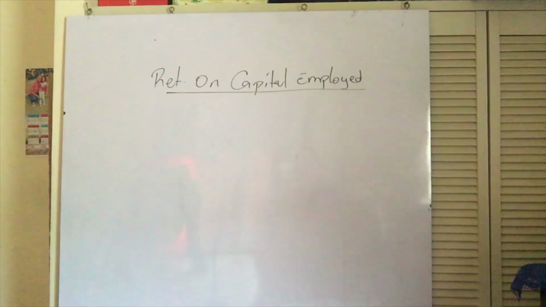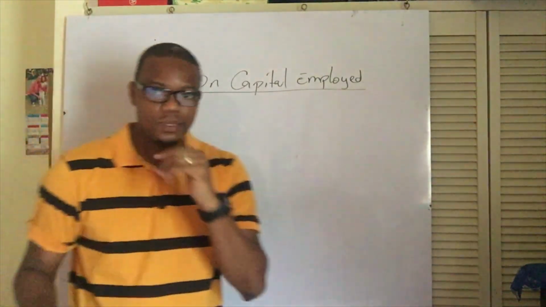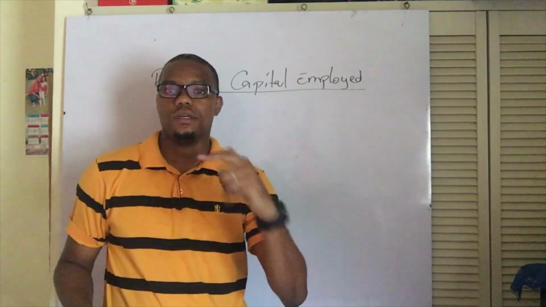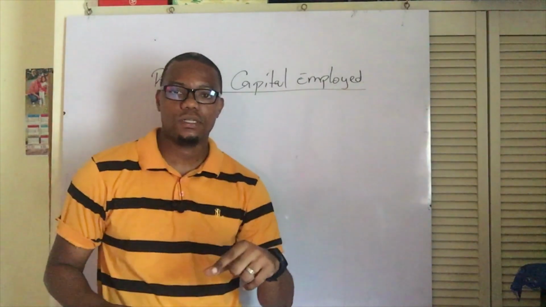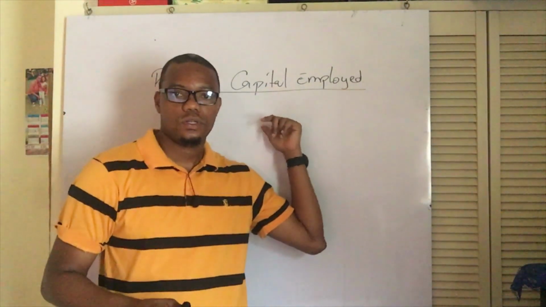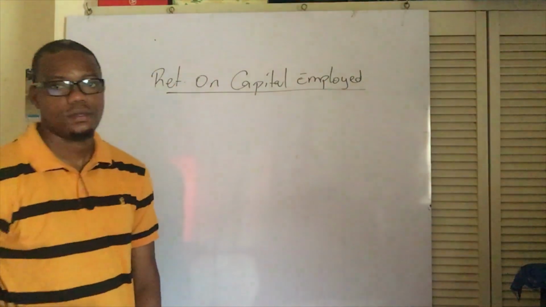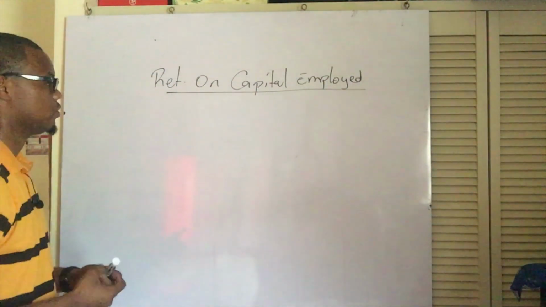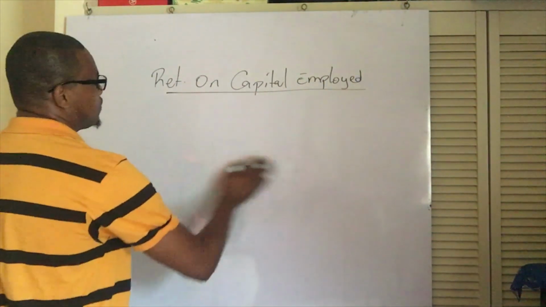The formula for the return on capital employed ratio. I'll put some notes. As a matter of fact, I've already taught this topic. I'll put a link in the description that will show you the return on capital employed. All right, but you need to learn that ratio. They normally ask for that ratio.